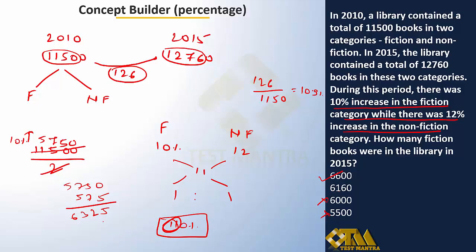Now if we take 126 by 1150, it's slightly lesser than 11%, as we have seen. That means the number of fiction books will be more than non-fiction here, so the number should definitely be more than 5750.